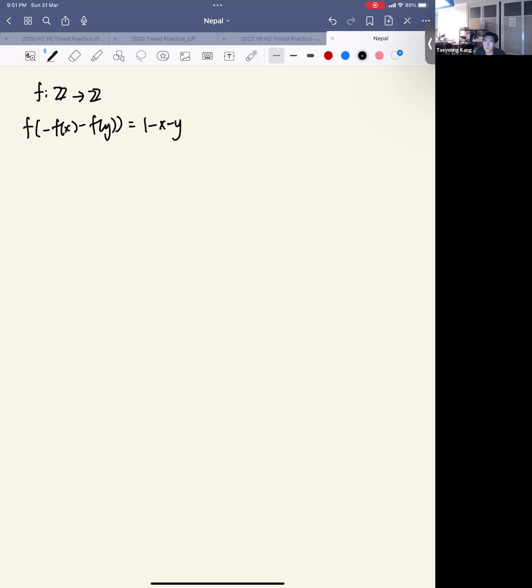Does anyone have any ideas on what we should do for this? y equals minus x. Okay, sure. Let's just try that then.